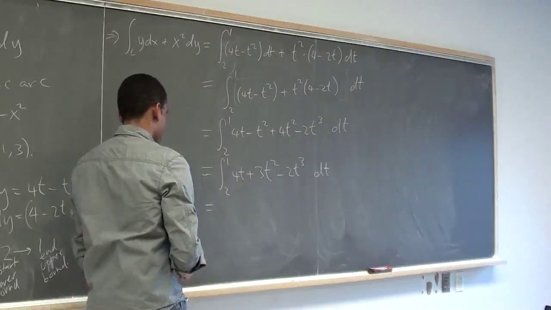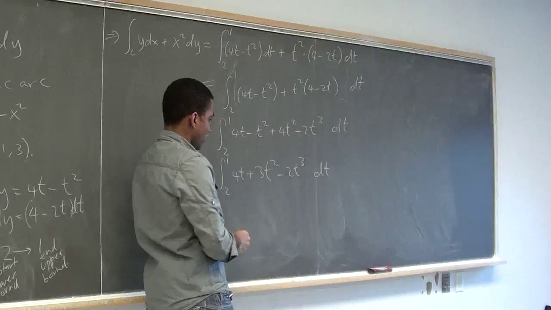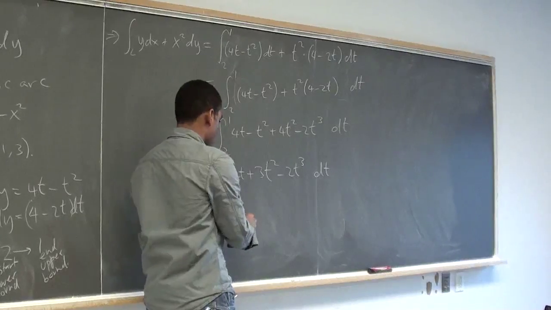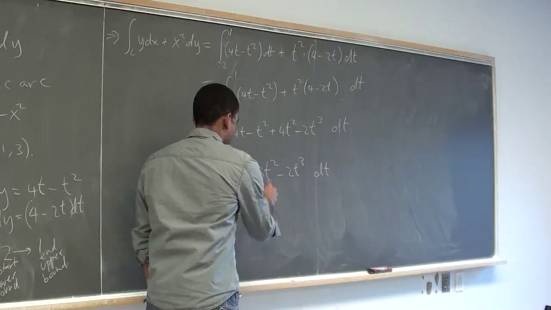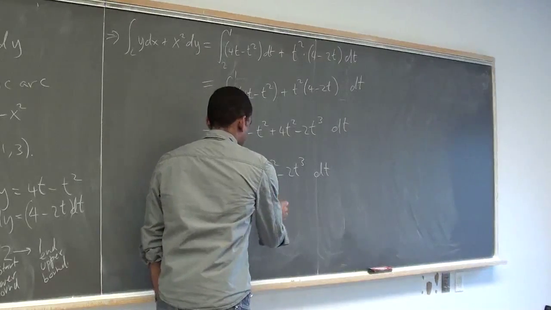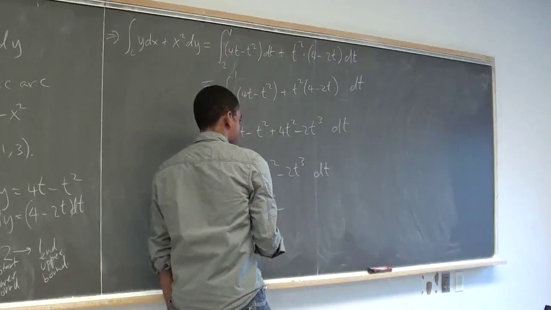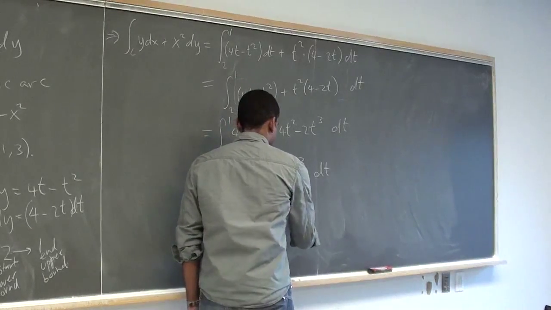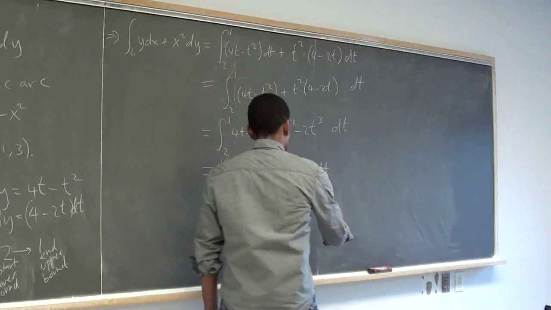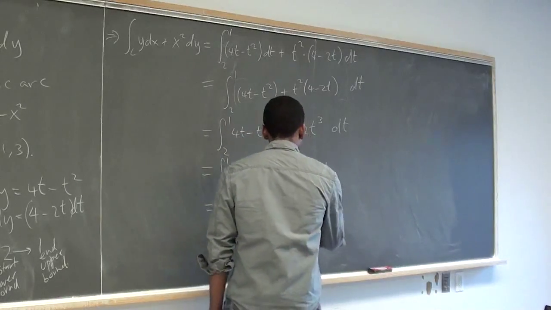So, what's the integral? Integral of 4t? Integral of this? Integral of that? t to the 6. 1 half 2. And we go between 2 and 1.